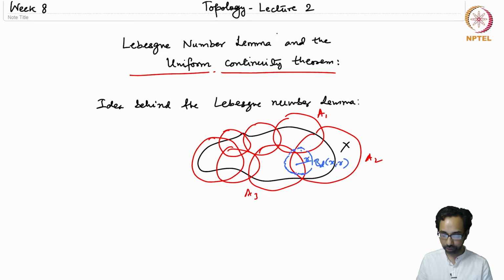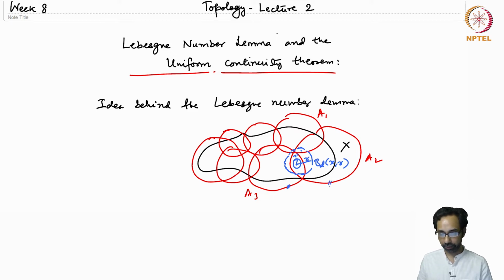However, if you shrink this ball, if you make it smaller, then this new ball, say with the radius R prime, lies within this open set, and within this open set as well.